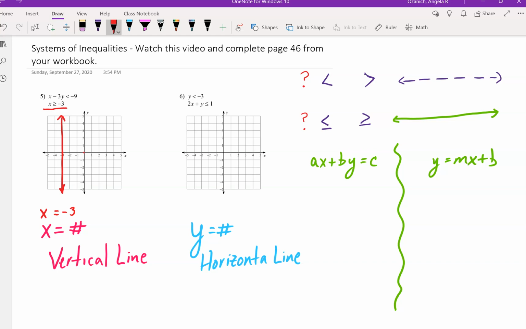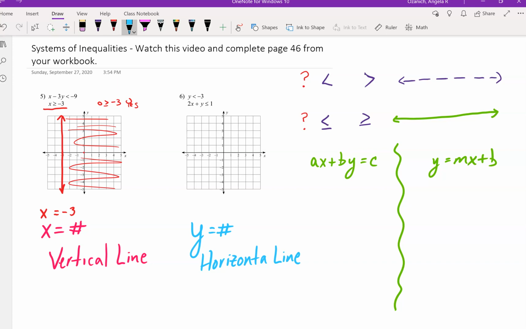Remember that we're looking for all values of x that are greater than or equal to -3, and that happens in this part of our graph, all through there. Is 0 greater than or equal to -3? Because we said yes, we shaded on the side that included that 0.